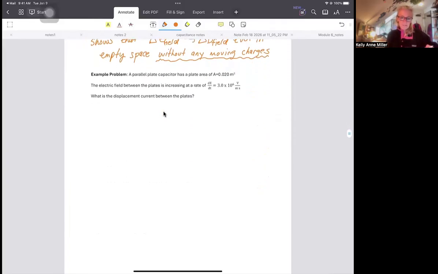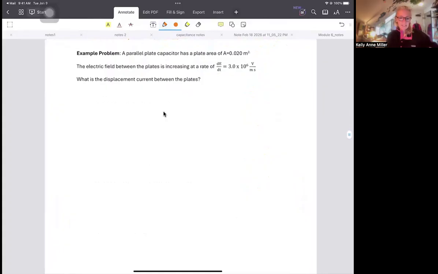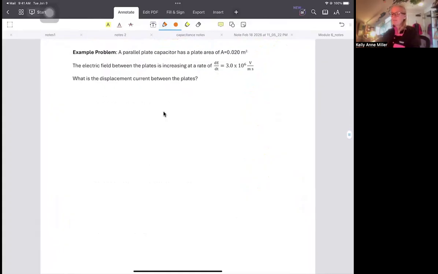Okay, let's do this example problem. I constructed this example problem to help you with one of the problems on the challenge for this week. So here we've got a parallel plate capacitor. It has a plate area of 0.02 meters squared, and the electric field between the plates is increasing at a rate of 3 times 10 to the power of 6 volt meter per second.